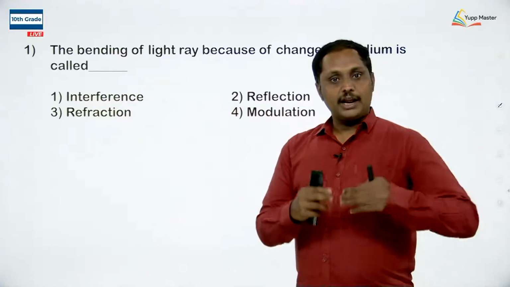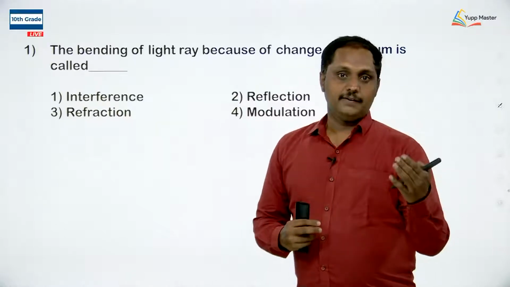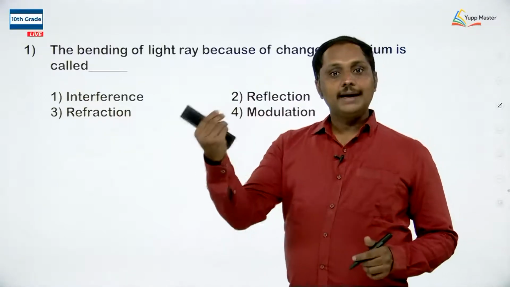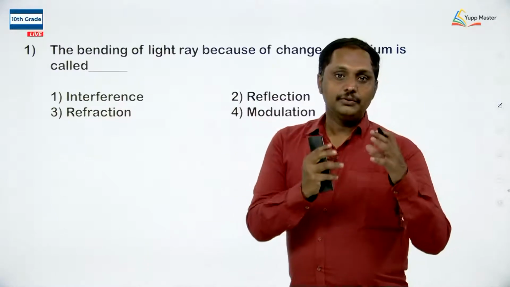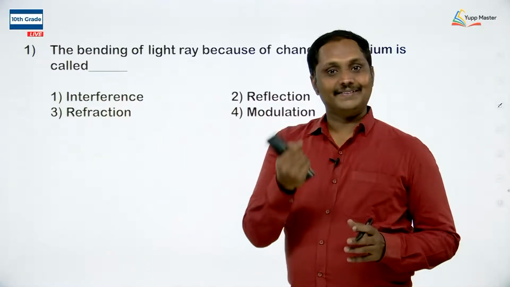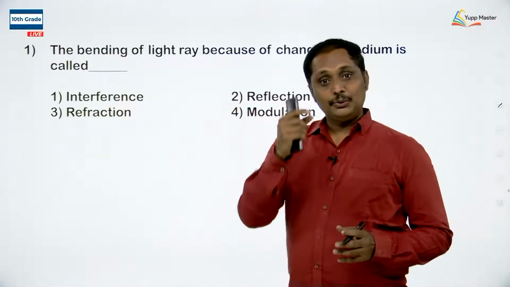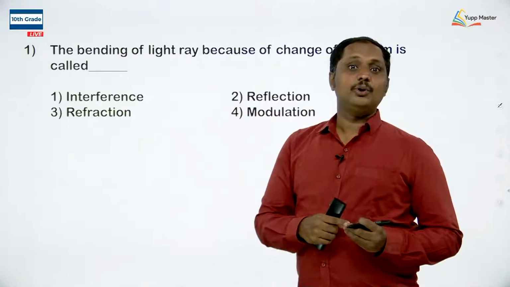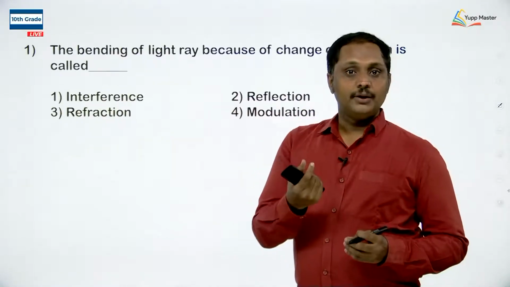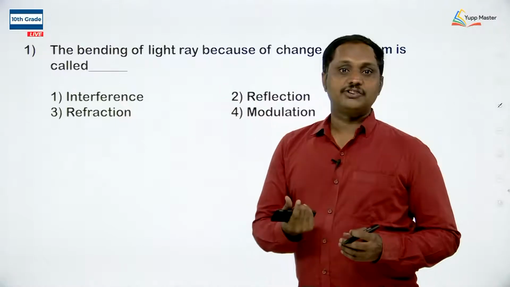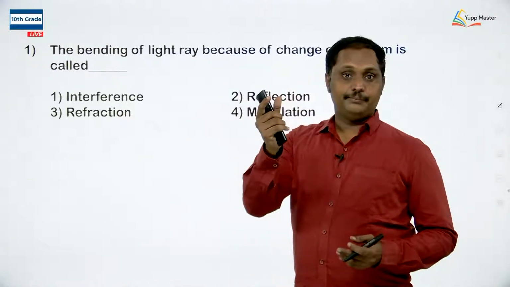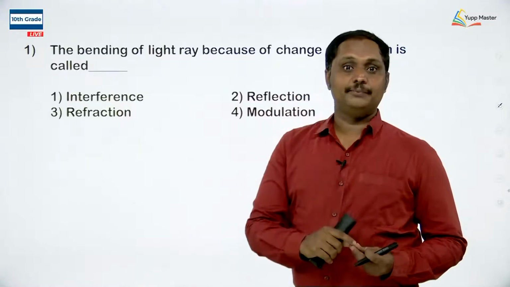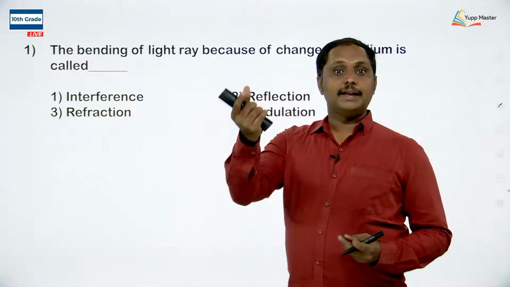Whenever you allow the light rays to pass from air to water or water to air, the phenomenon of bending exists. The angle of refraction is sometimes more and sometimes less, depending on the density of the medium, so you compare rarer and denser.